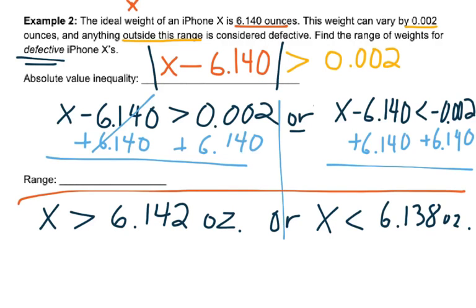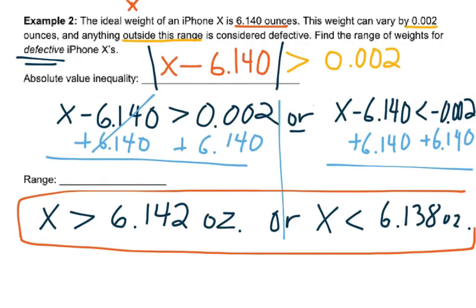And this makes sense because, again, I'm looking for defective iPhones, and so either ones that are too heavy, on the left, that's not okay, or ones that are too light, on the right, that's also not okay, because maybe that means they forgot to put a part or something. And so that's how we do absolute value inequalities.